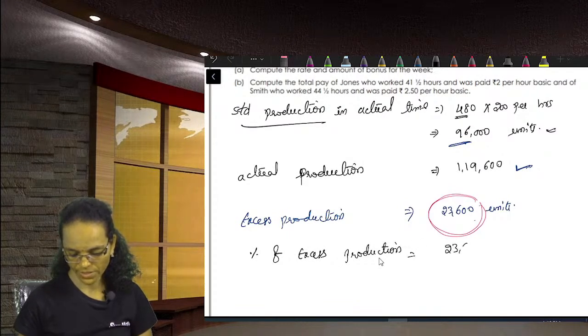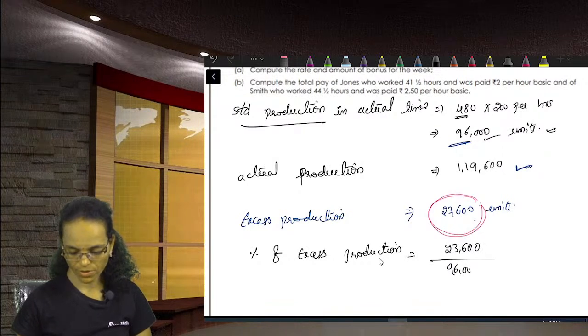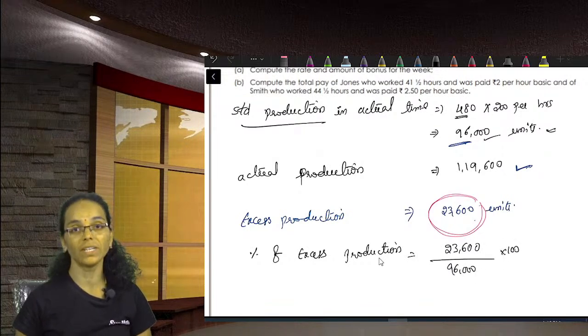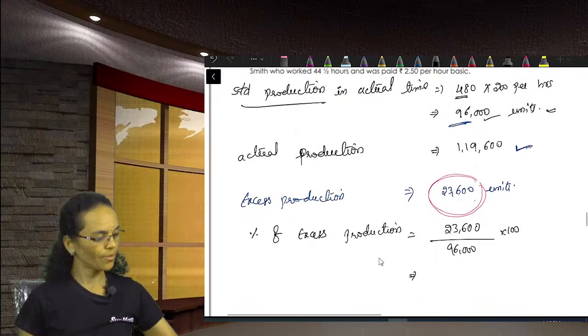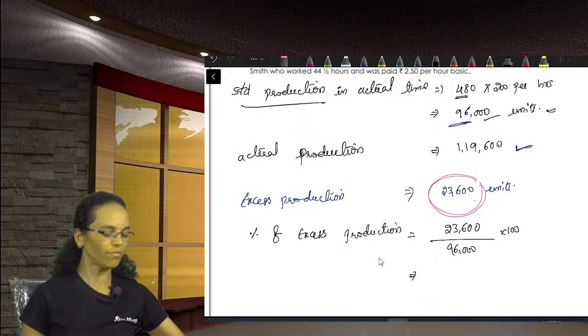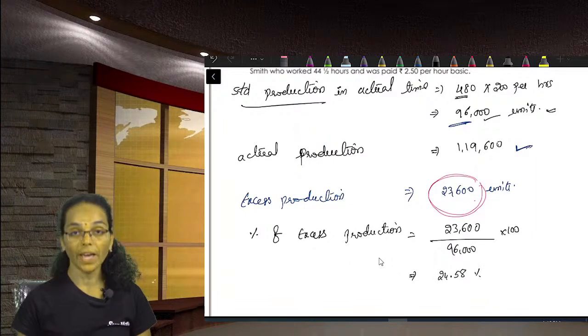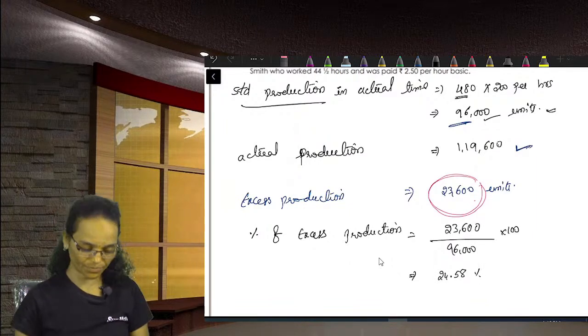See, 23,600 units they produced when the standard was 96,000, so we will come to know the percentage of excess production. 23,600 divided by 96,000 into 100 is nothing but 24.58. 24.58 is the percentage of excess production.